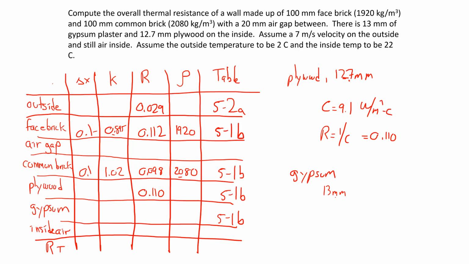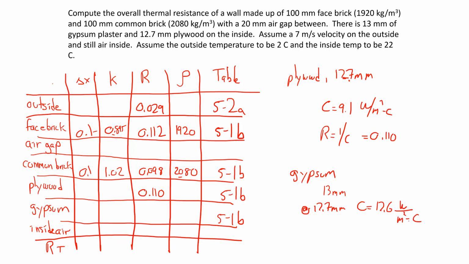What I do have is gypsum at a thickness of 12.7 or 12.5. So if you look at gypsum at 12.7 millimeters, the conductance is 12.6 watts per meter squared Celsius.